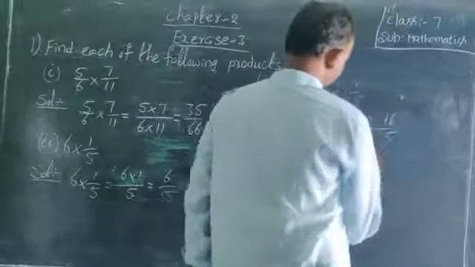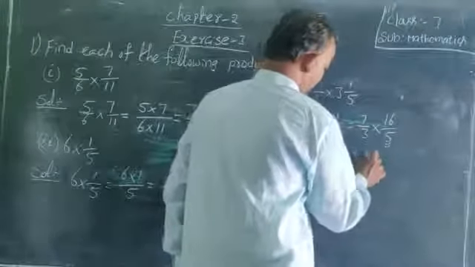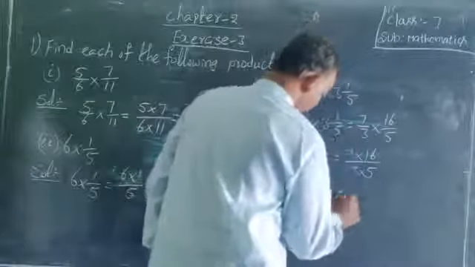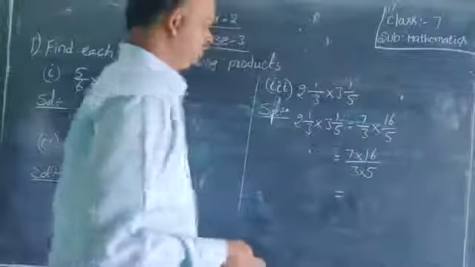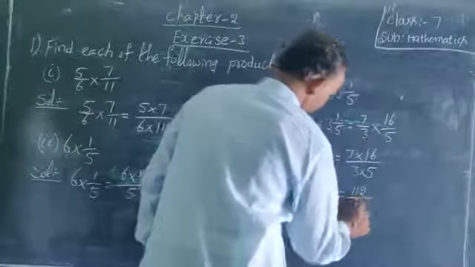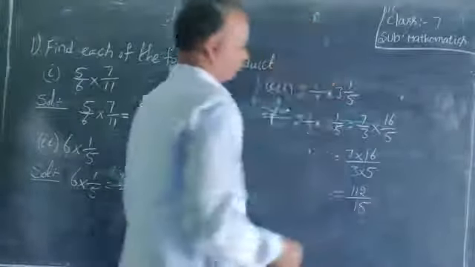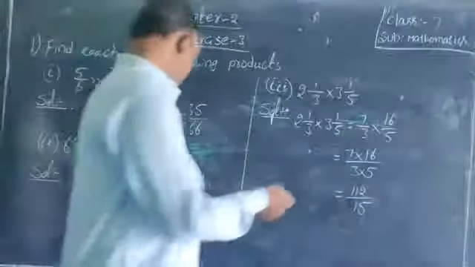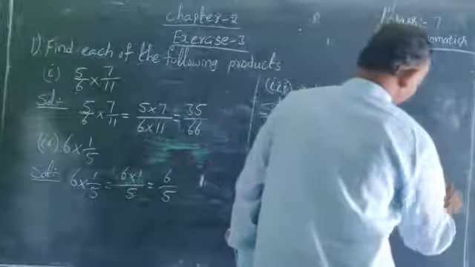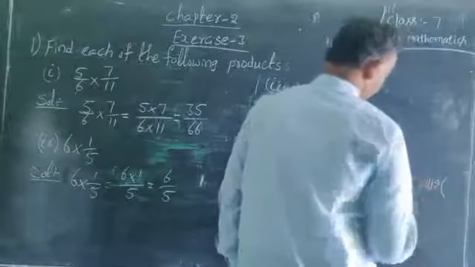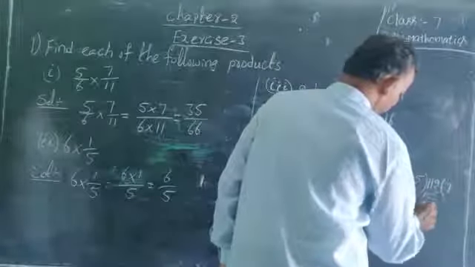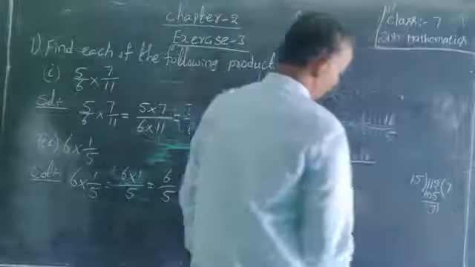by 5. So 7 into 16 by 3 into 5, that is equal to 16 7s are 112 by 3 5s are 15. We are changing to the mixed fraction. 15 7s are 105. 7 is the remainder.